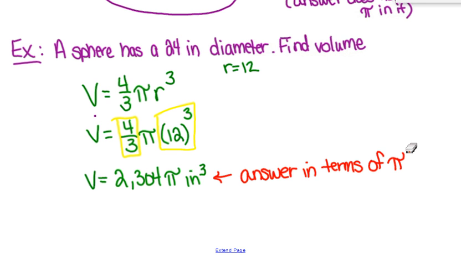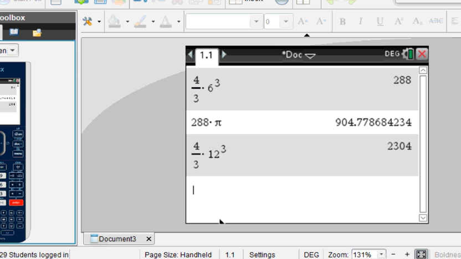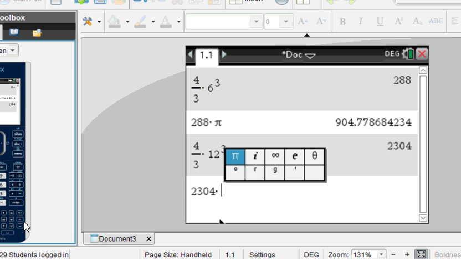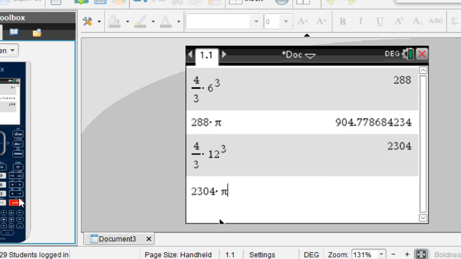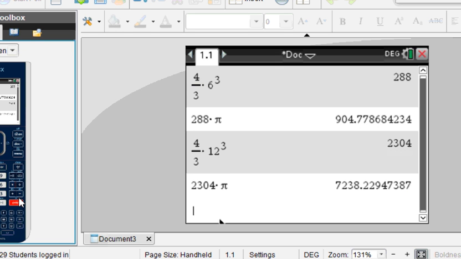But if they ask me to round my answer to the nearest cubic inch, then I'm going to go back to my calculator and type in 2,304 times pi. When I round that to the nearest cubic inch, I end up with 7,238 cubic inches.